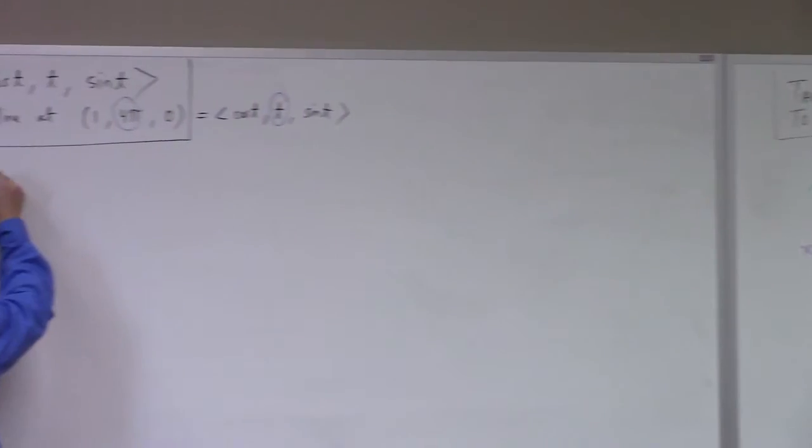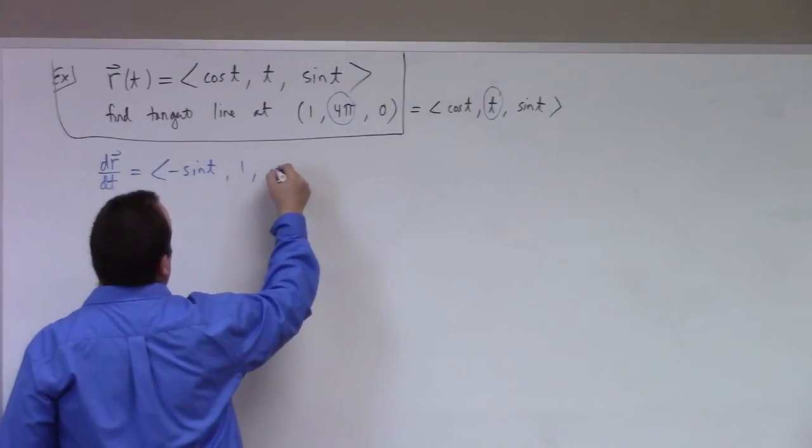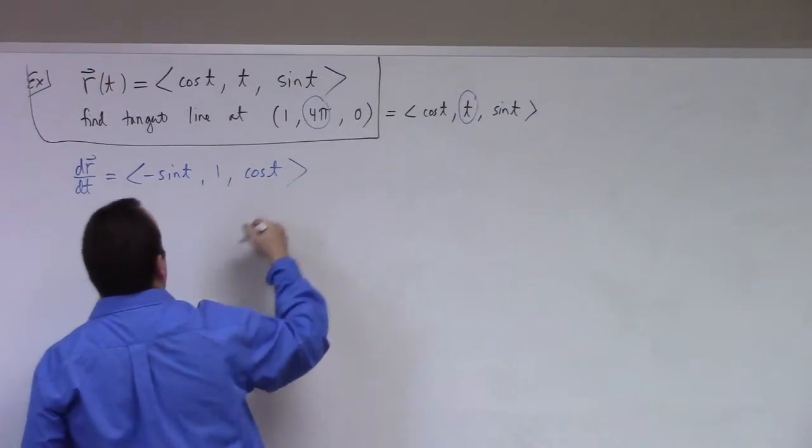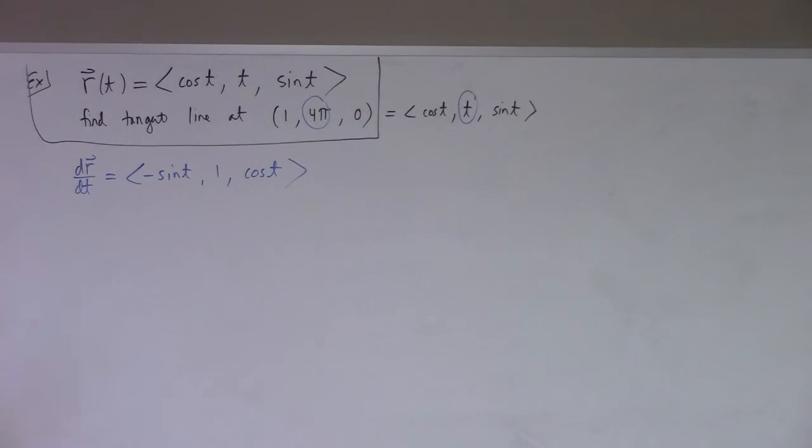It's minus sine t, 1, cosine t. What that means, by the way, is that this curve is going in the y direction at the same rate at different points. This is actually a helix that is climbing the y-axis, so that makes sense.